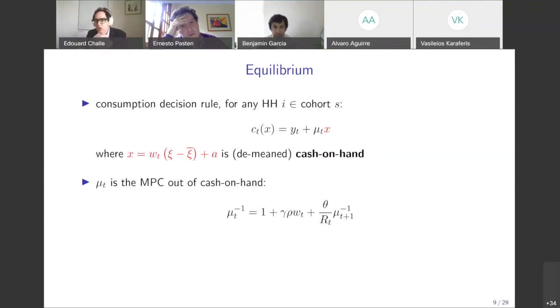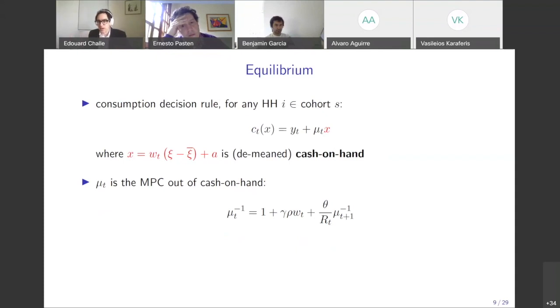So here is the consumption rule, which I've written here. The first equation is the consumption at time t of an agent whose individual state is x. It's going to be average consumption, which is the same thing as aggregate income here, plus the effect of that individual state, and x will be different across agents.